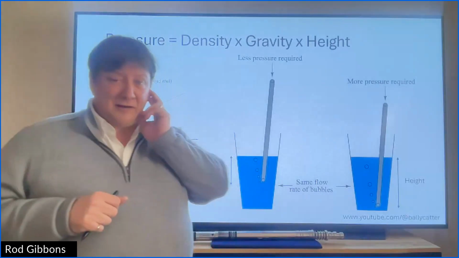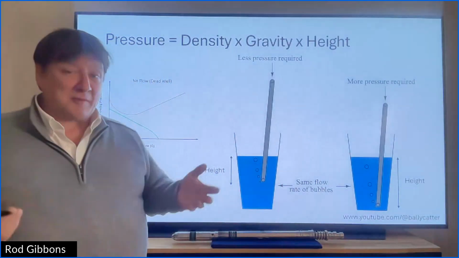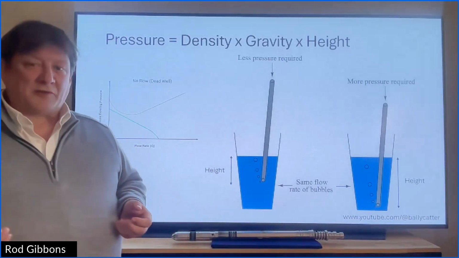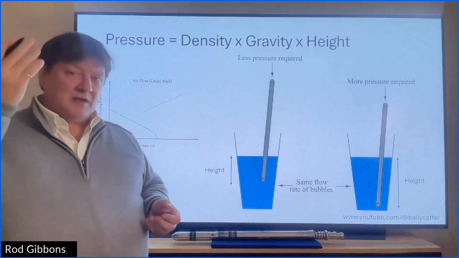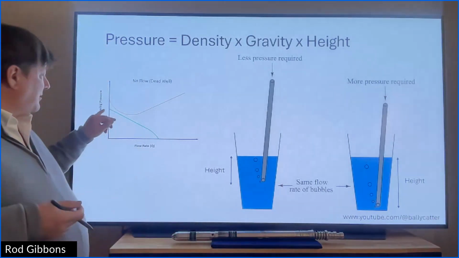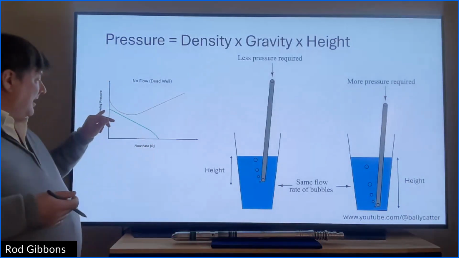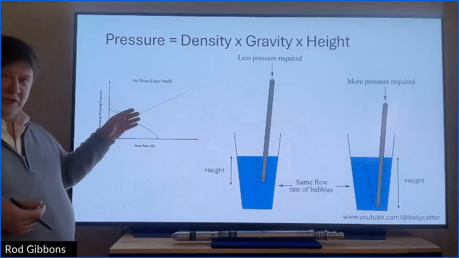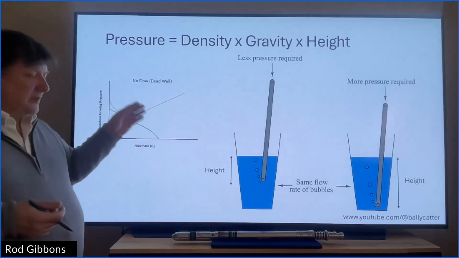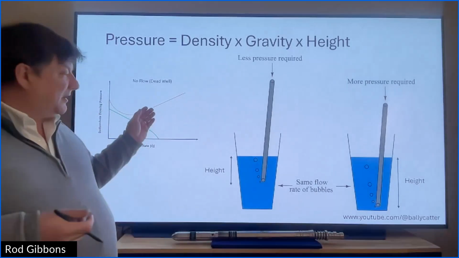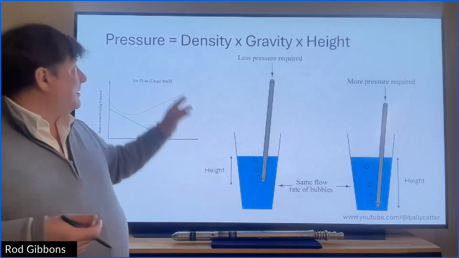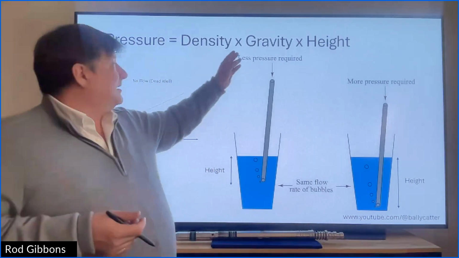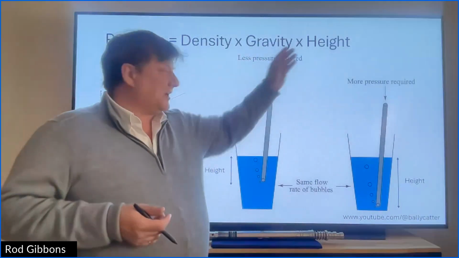Just as a reminder, we're talking about artificial lift. The point of artificial lift is that we want to get reservoir fluids from the reservoir to surface, and we've gone through previously our inflow performance curve and our vertical lift profile. When they don't match, the well doesn't flow naturally, so we have to use artificial lift. Pressure equals the density times gravity times height.